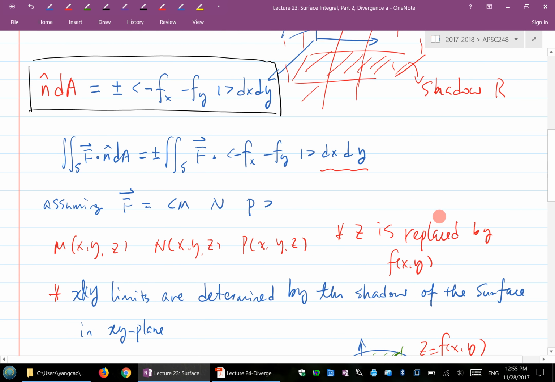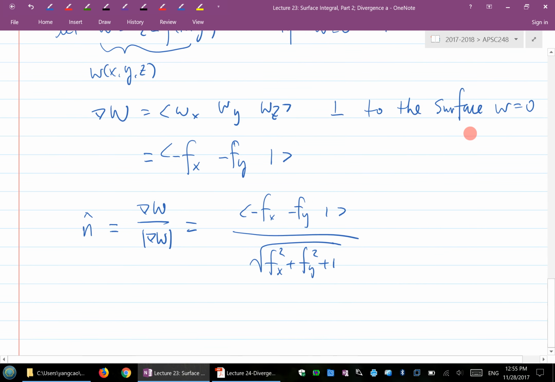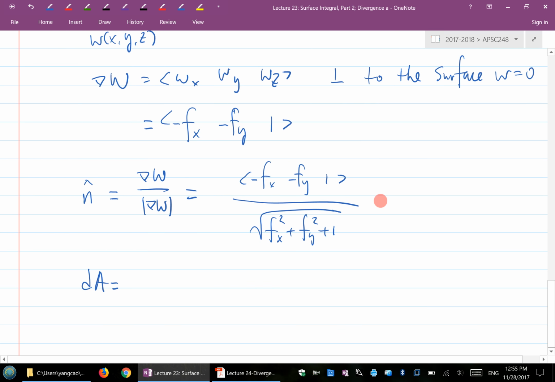I can derive dA, which is the square root of f_x squared plus f_y squared plus 1, times dx dy. If you multiply n hat and dA together, you get the formula for n hat dA.